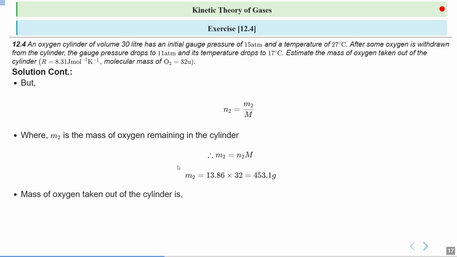So the mass of the oxygen taken out of the cylinder is the initial mass of the oxygen in the cylinder minus the final mass of the oxygen in the cylinder.